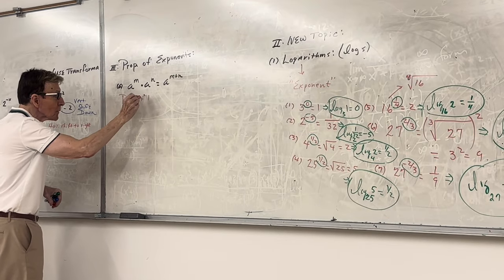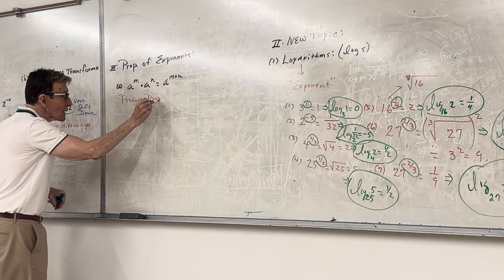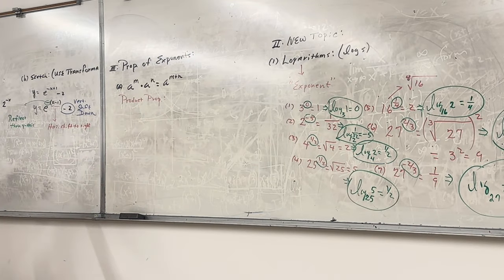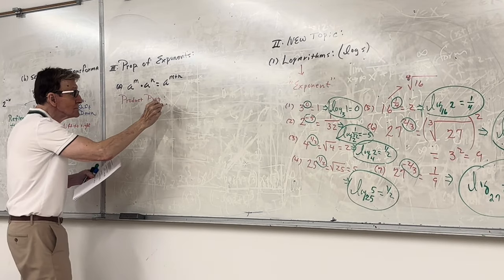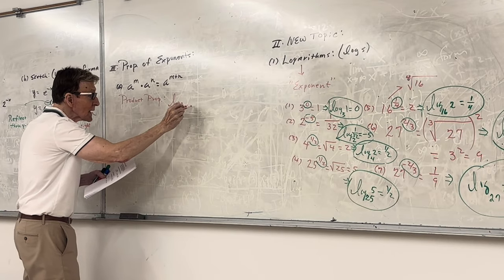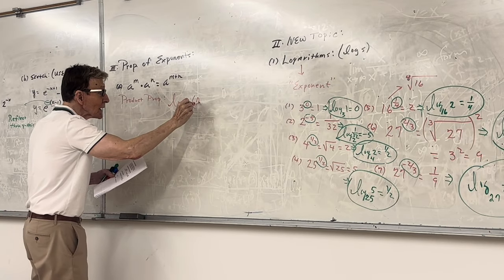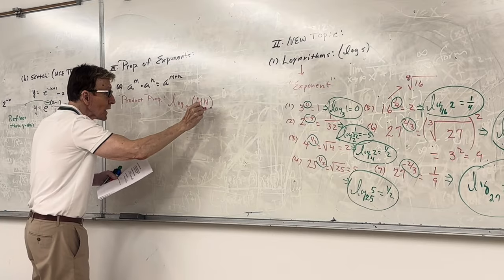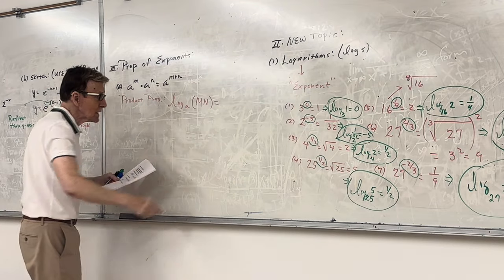It came from middle school, but it's going to look a little different. Product property. And they write it like this: log, some base a, of a product. They identify the product as m times n.